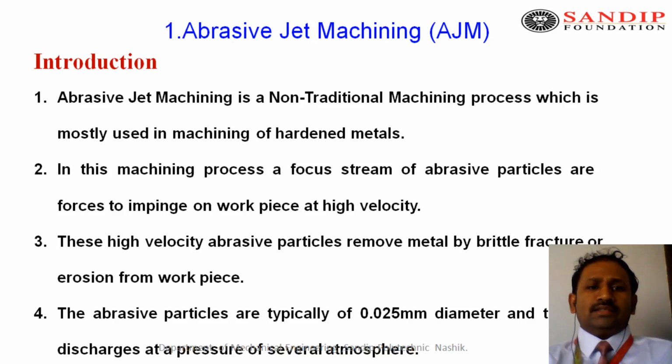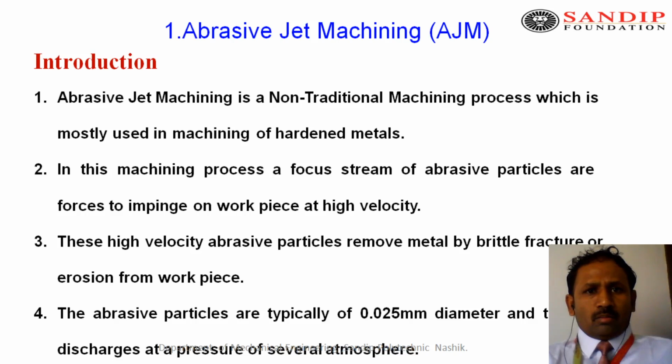For example, casting. Whatever raw material is melted into the mold cavity and then solidifies, that part is known as a casting. From input to output there is zero wastage, that's why it is called zero manufacturing.